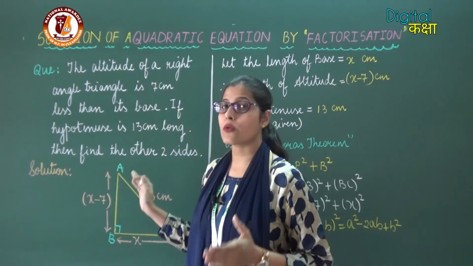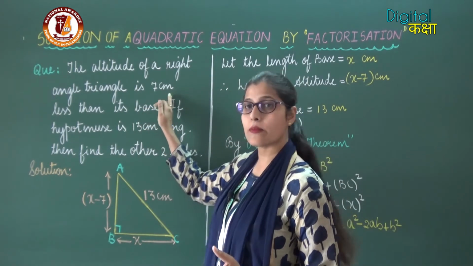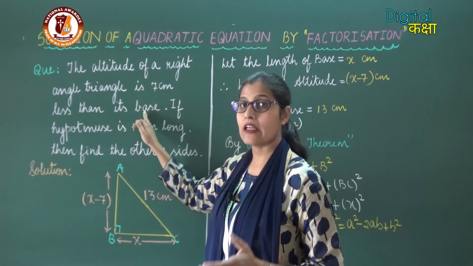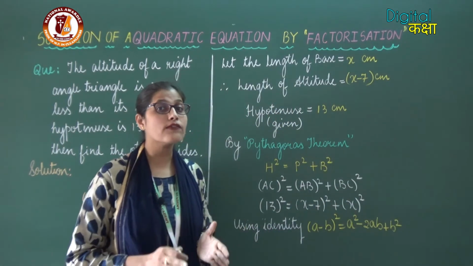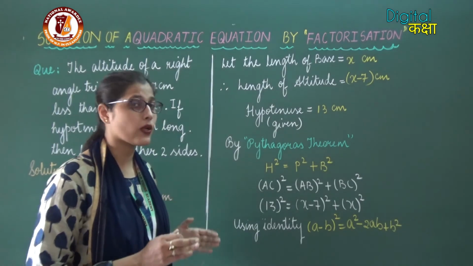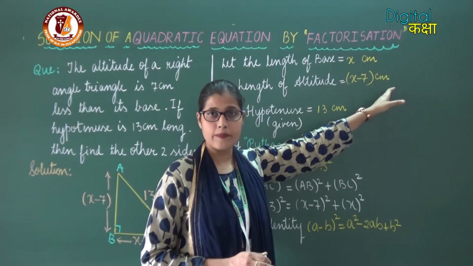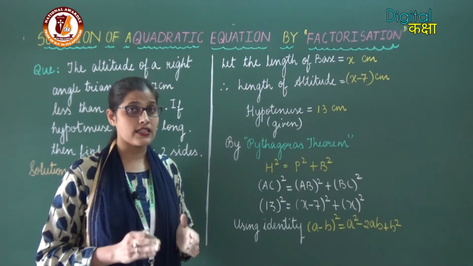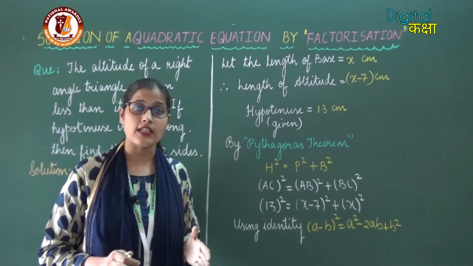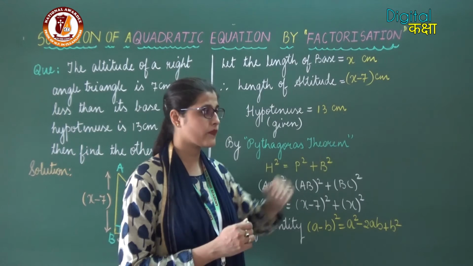As you can see in the question, the altitude is 7 centimeter less than the base, which means the length of the altitude will be equal to x minus 7 centimeter, and it is already given that the length of the hypotenuse is equal to 13 centimeter.